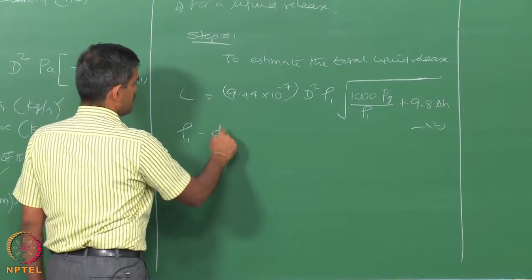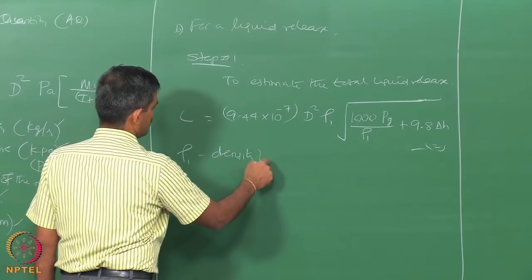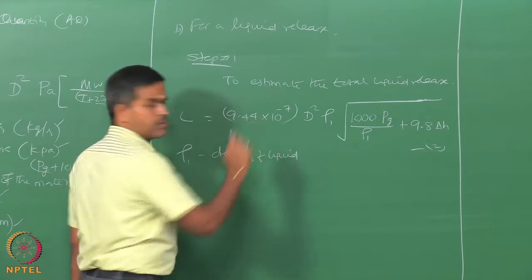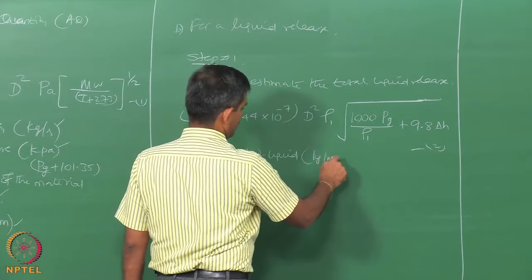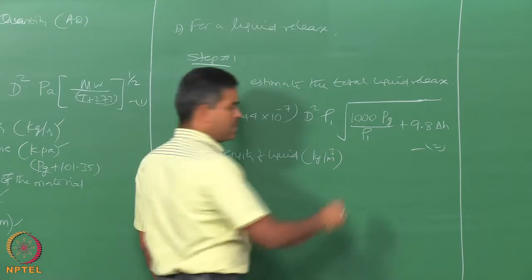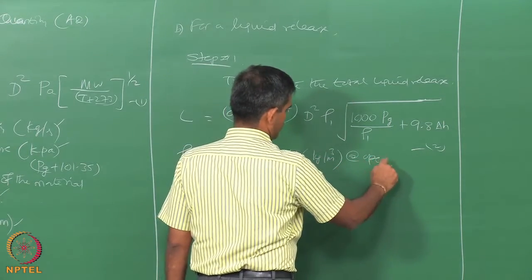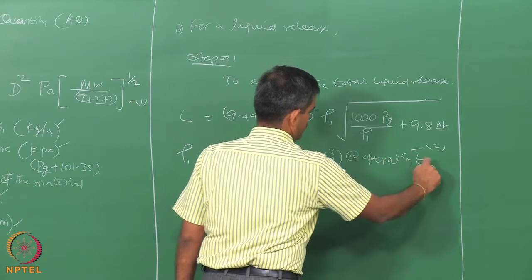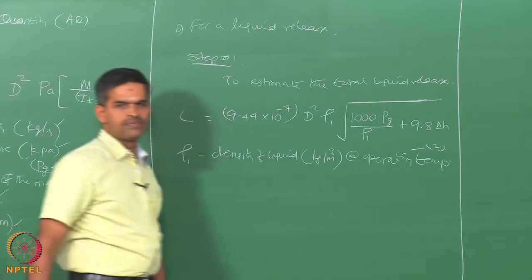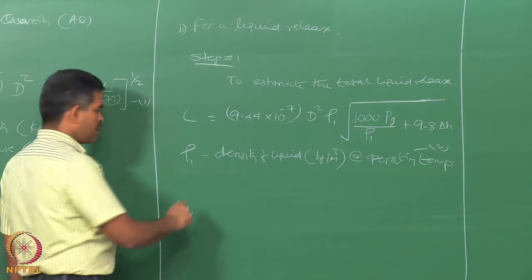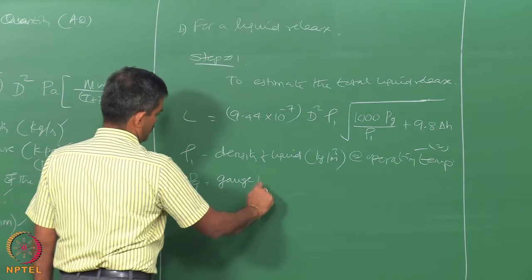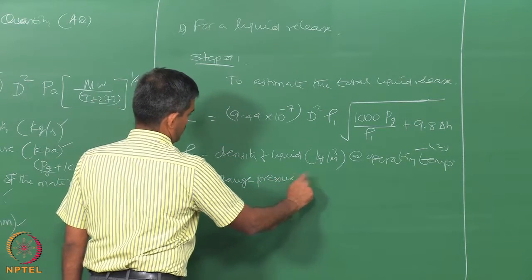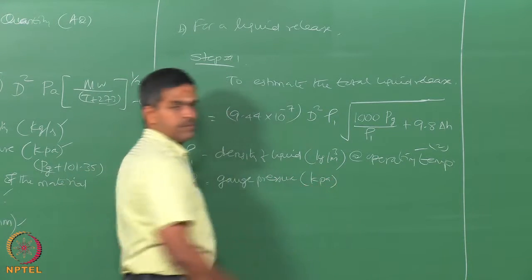rho 1 is the density of the liquid in kg per cubic meter at operating temperature. Pg is the gauge pressure, in kilopascal.